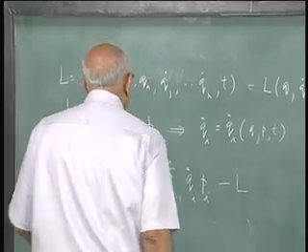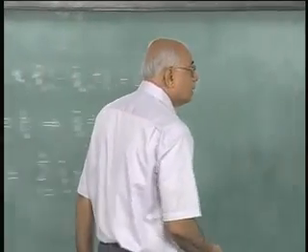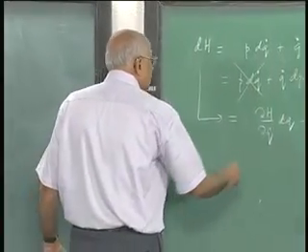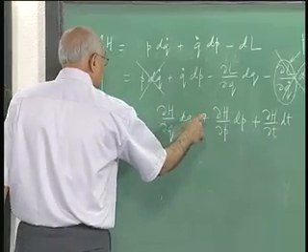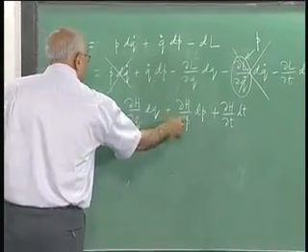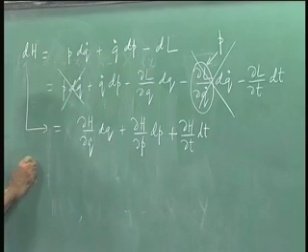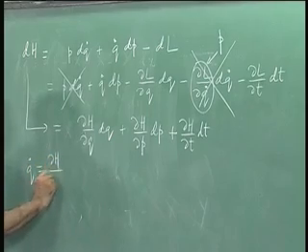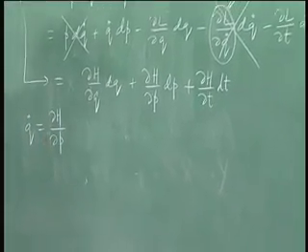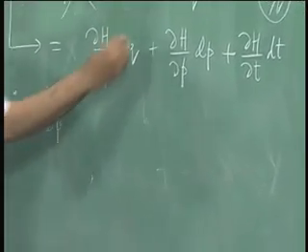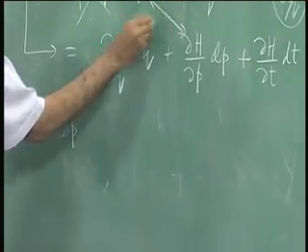Now what does that imply? This immediately gives us a set of consequences. If I compare, for example, this with that, it says q dot equal to ∂H/∂p. So that has matched this with that.